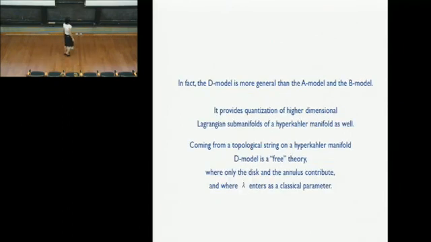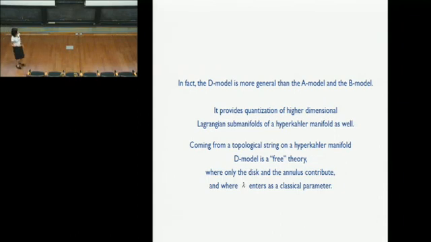Now, this D model is in fact more general than either the A model or the B model, and it readily extends to higher dimensional varieties. Usually, we are not interested in the B model or A model on higher dimensional Calabi-Yaus because all the interesting amplitudes vanish.